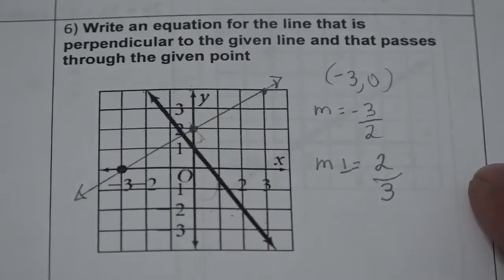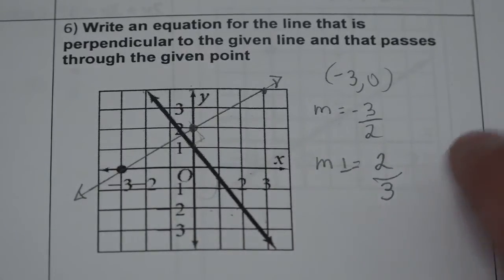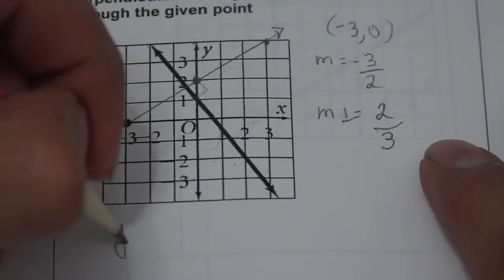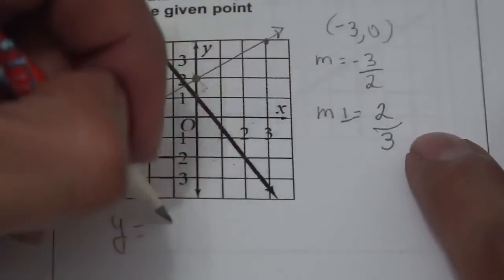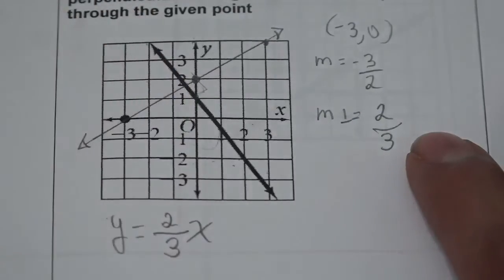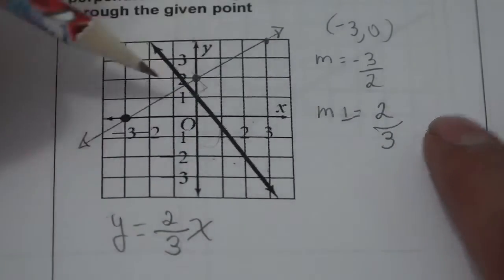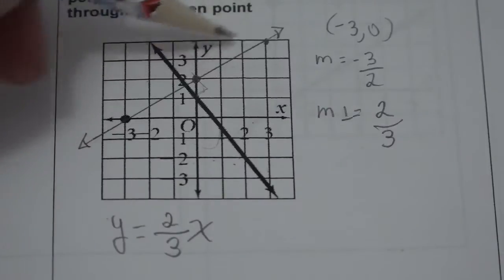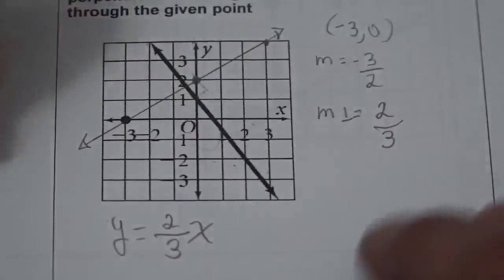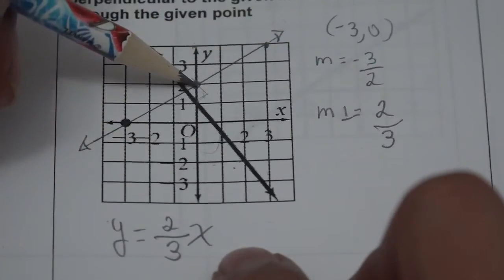Okay. So let me write the equation then. The equation is y equals, we know what the perpendicular slope is. We add the x to that slope. And now what we needed was to find a y-intercept, which we did when we traced the line and connected the points. The y-intercept is right here at 2.